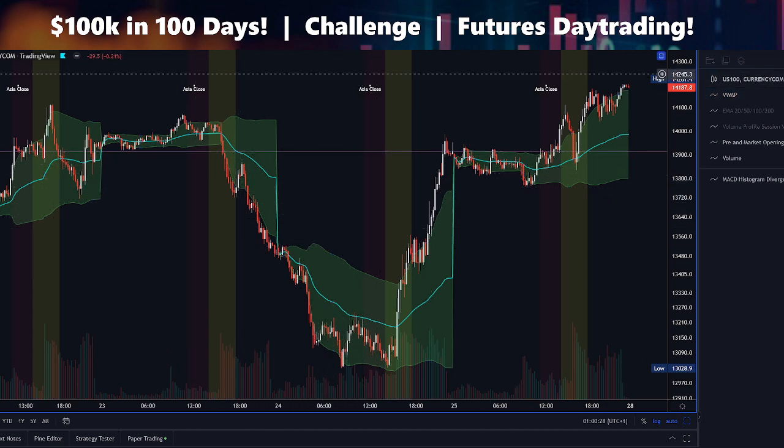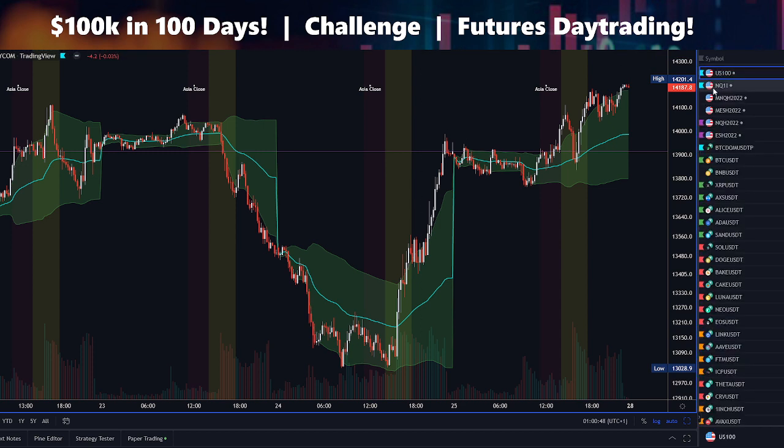This is the Nasdaq, and I have set it to the US 100. You could also set it to the futures chart, but then maybe a continuous one. There's an NQ here. I think I have it here. A continuous NQ chart and a continuous ES chart.